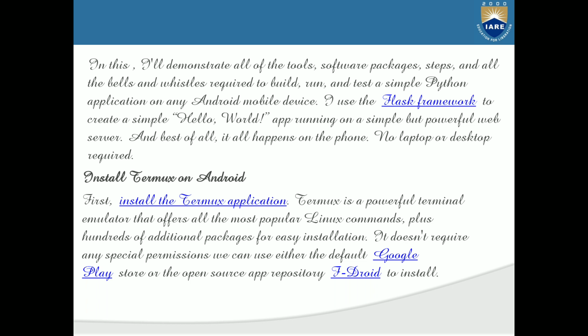Termux is a powerful terminal emulator that offers all the most popular Linux commands plus hundreds of additional packages for easy installation. It doesn't require any special permissions. We can use either the Google Play Store or the open source app F-Droid to install.